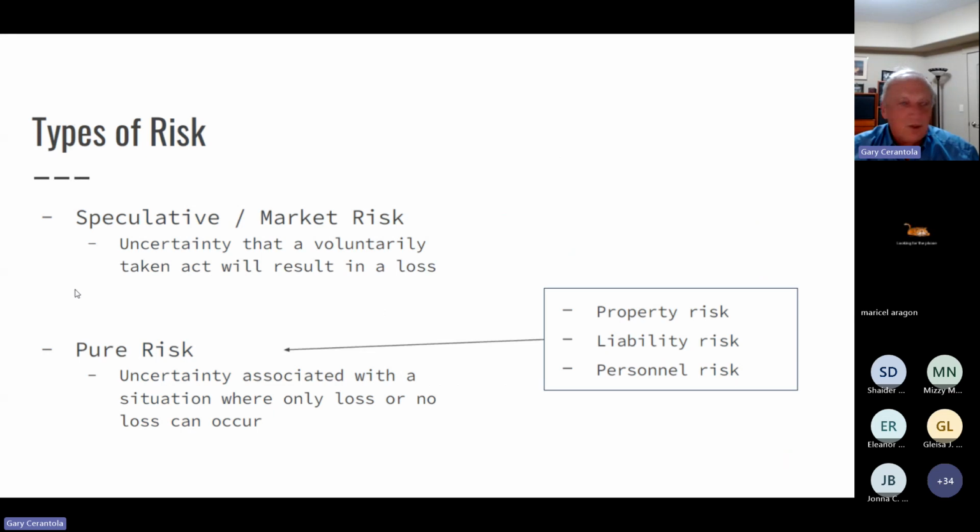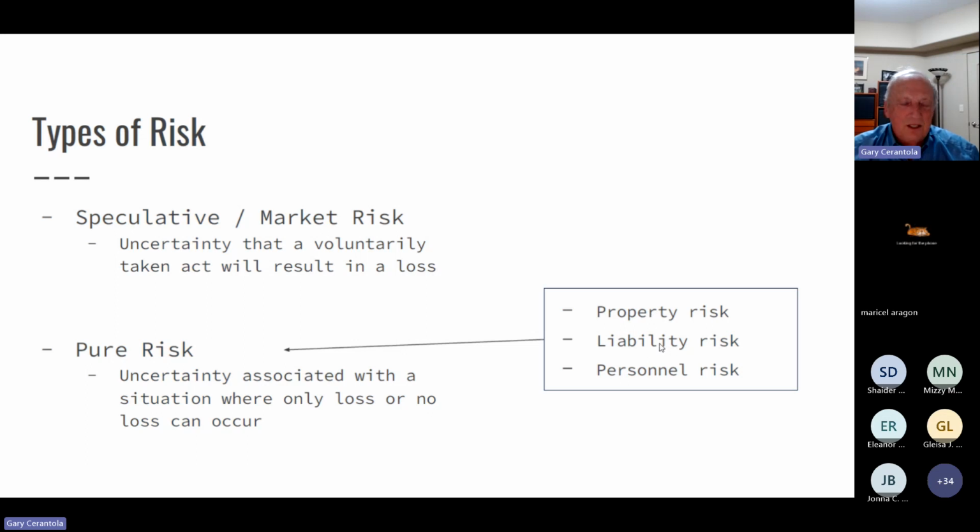And then you know that there's speculative risk, where you're betting the company or betting the farm on something, and you don't really know how it's going to end. There are some operators out there that will do that. And then just understanding pure risk. Pure risk breaks down to property risk, liability risk, personnel risk. So property risk: am I in a tornado alley?